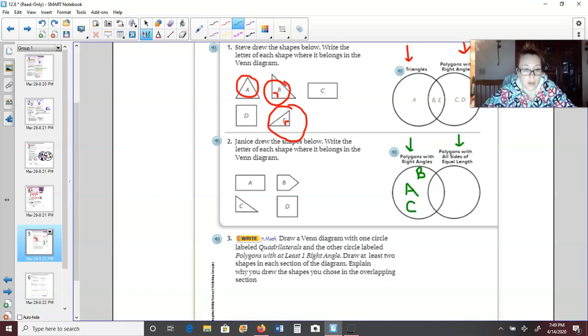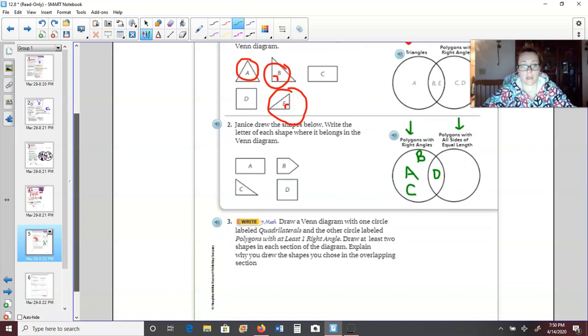No. So it goes just on the left side of the Venn diagram. And letter D is a square. Does it have right angles? Yes. Does it have all equal sides? Yes. So it actually goes in the middle, and nothing goes on the right side of the Venn diagram.